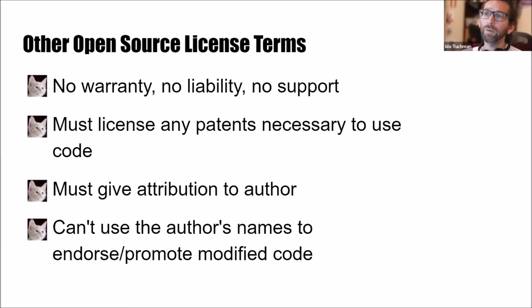And some of them also contain a patent retaliation clause, where if you institute some kind of patent litigation against anyone that uses the open source software, that automatically causes the open source license to be revoked for you. Some licenses require that you credit the original author, and some of them prohibit the original authors from being named to endorse or promote your modified code.